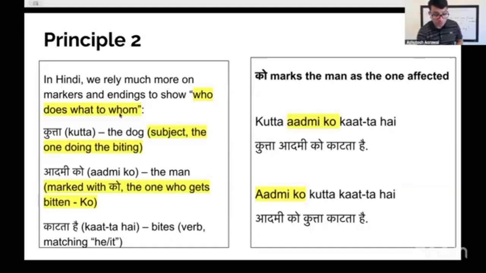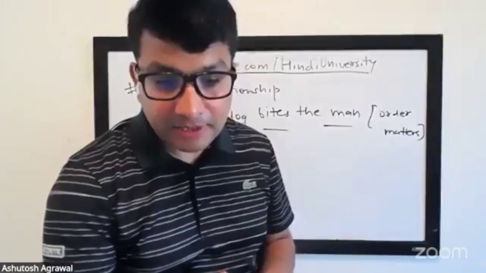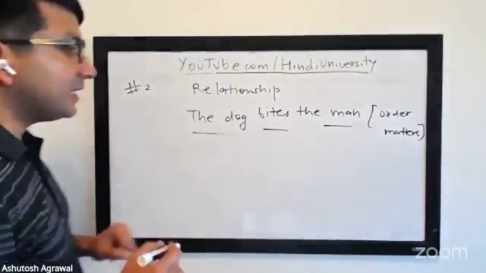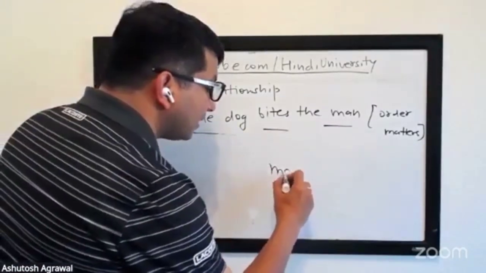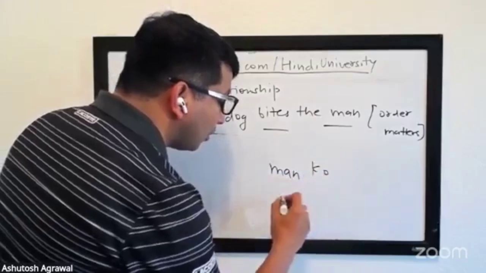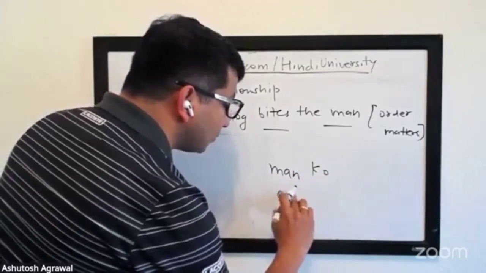You know, in the first sentence, it's basically the dog. It's the subject who is doing the action. Who is being bitten? It's very important in Hindi, right? Who is being bitten, and the man is being bitten. You will indicate it by man ko or आदमी को.